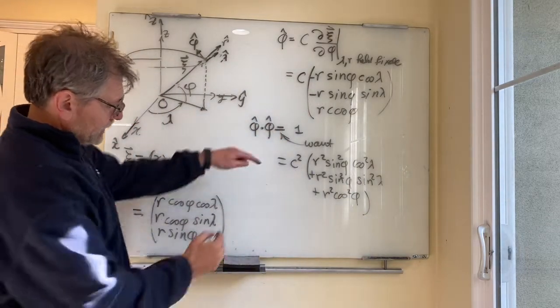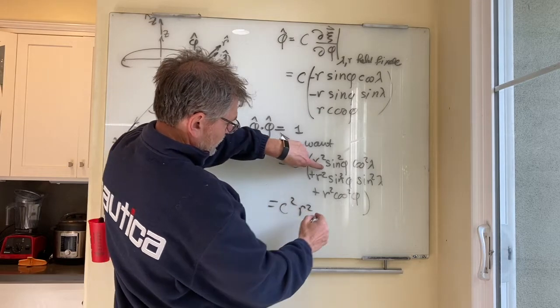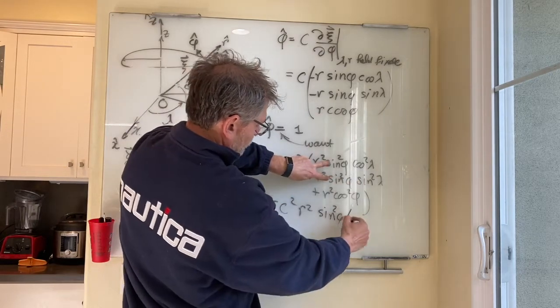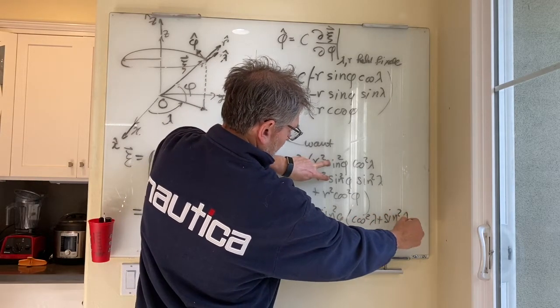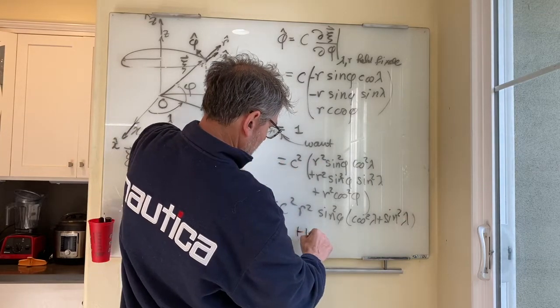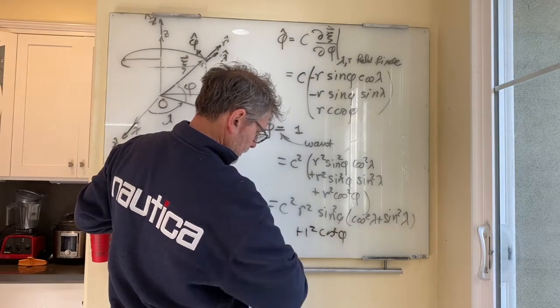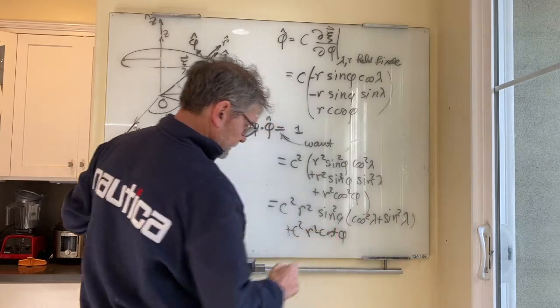Then we can simplify: c squared times r squared times sine squared phi, a common factor to those two terms, times cos squared lambda plus sine squared lambda, plus the last term, c squared r squared cos squared phi.